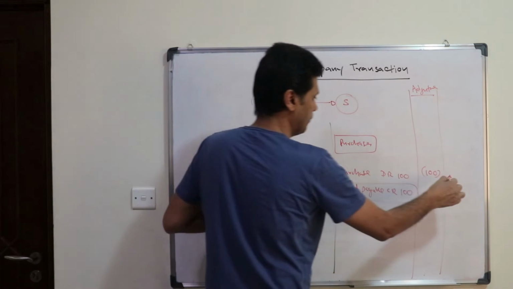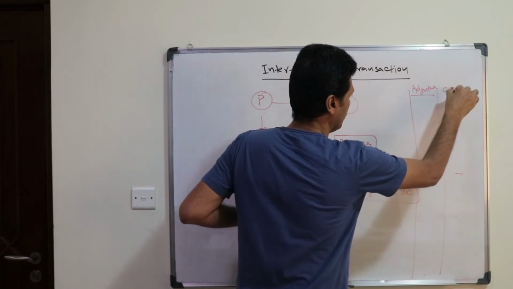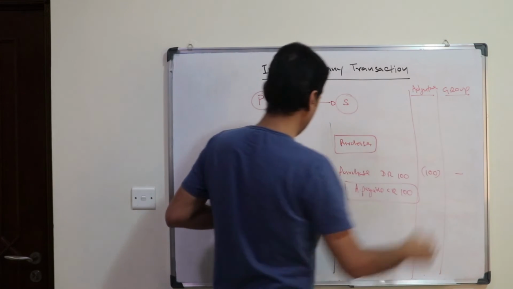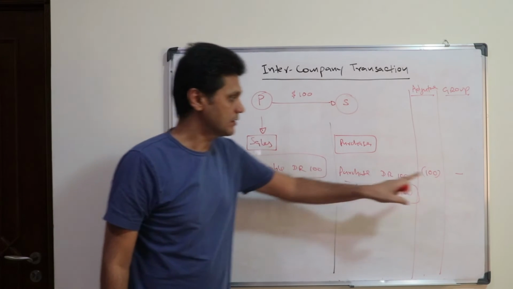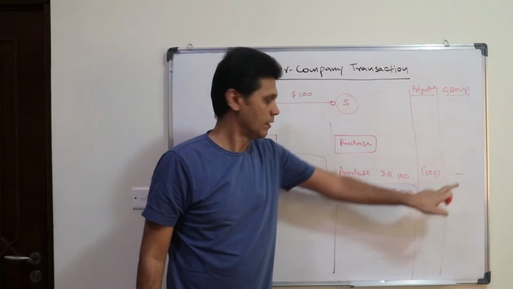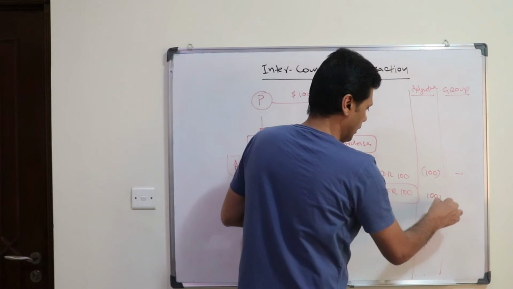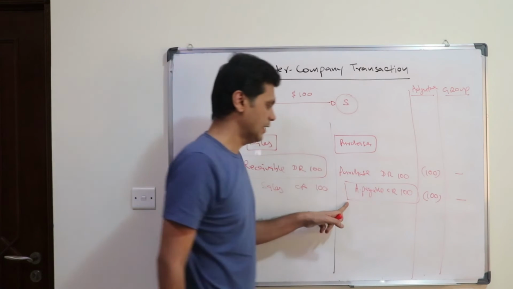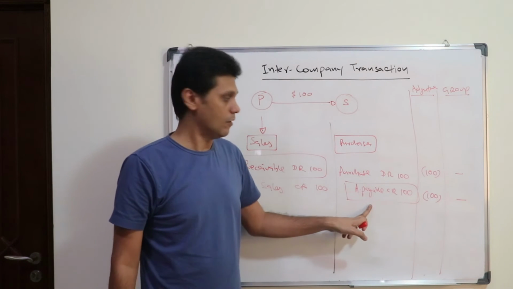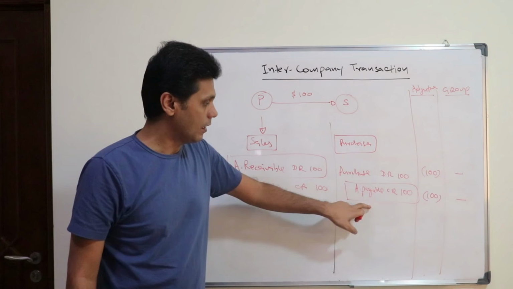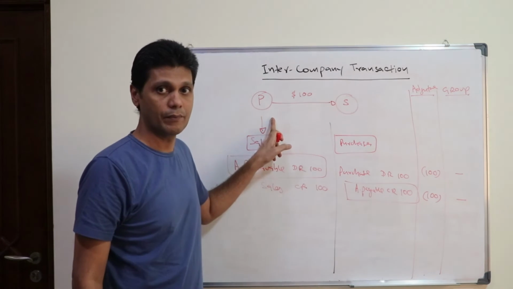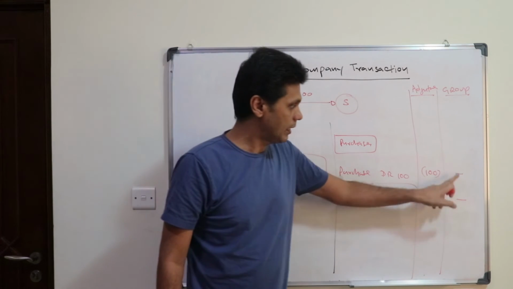Accounts receivable has to be eliminated, so there won't be any accounts receivable balances in the group. And the accounts payable has to be eliminated, so there won't be any accounts payable due to the parent company. This has to be eliminated here.